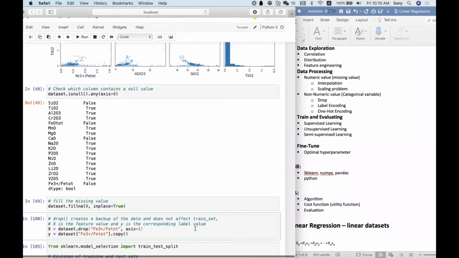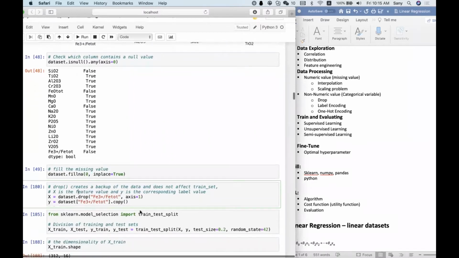Mathematically, it will be shown as a formula, maybe more complicated than you imagine, but the basic idea is to build a bridge between X and Y. You need to find the feature values you want to use and the corresponding label value.